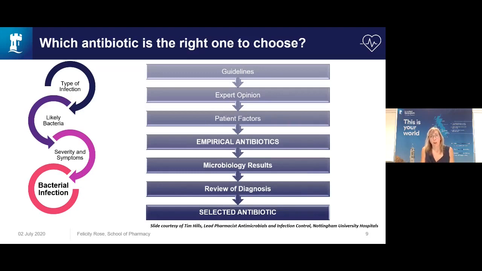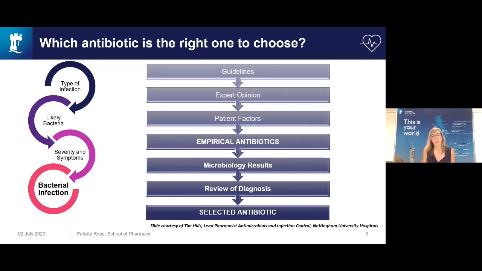And then with that knowledge, including guidelines, expert opinion, and taking into account other patient factors, then we can prescribe a first antibiotic known as the empirical antibiotic that can be used to treat that infection. And usually that antibiotic works.